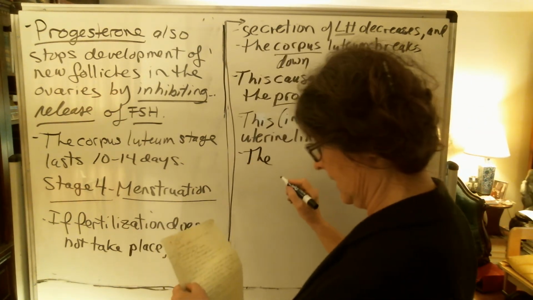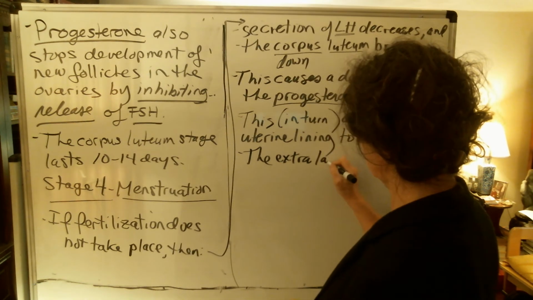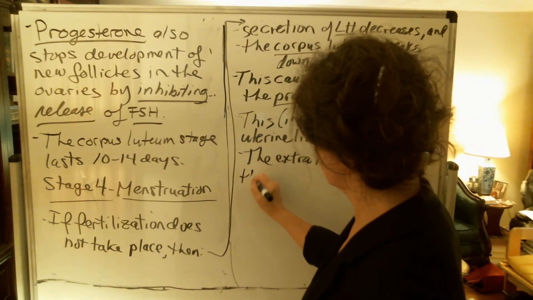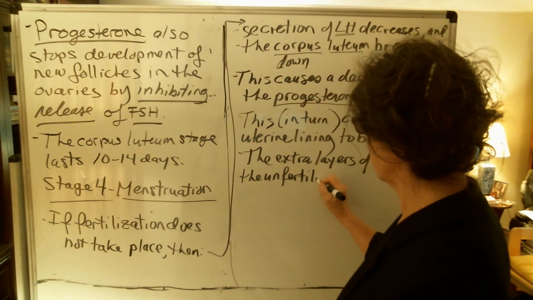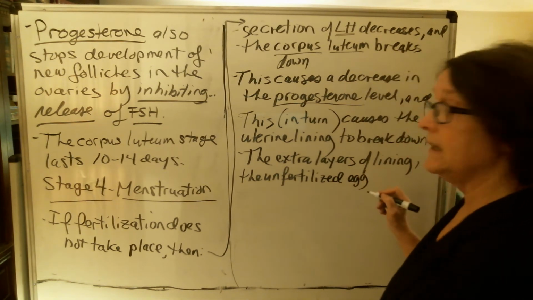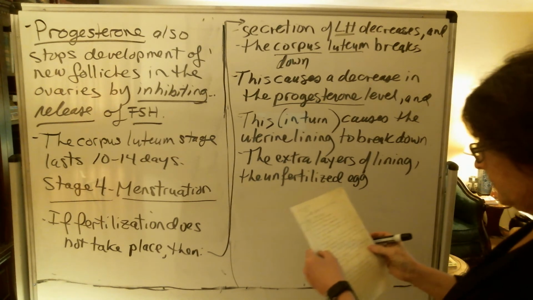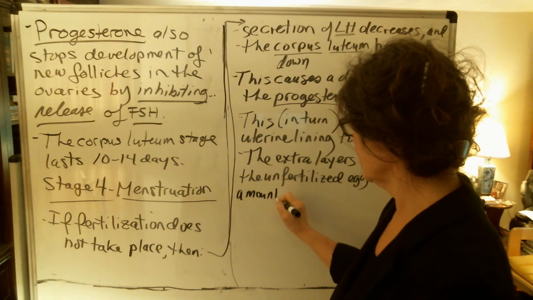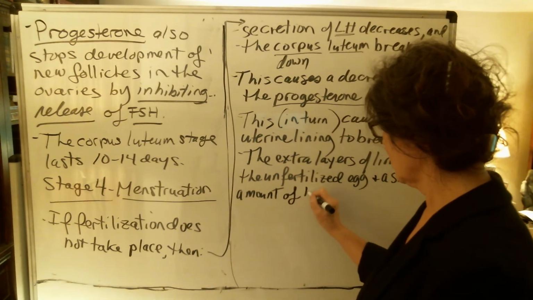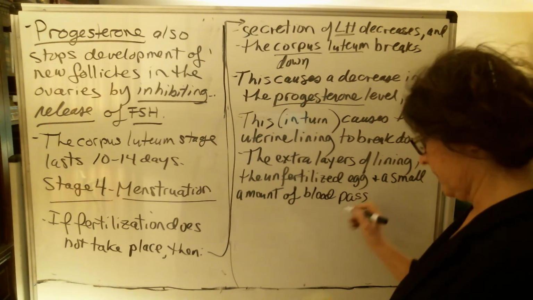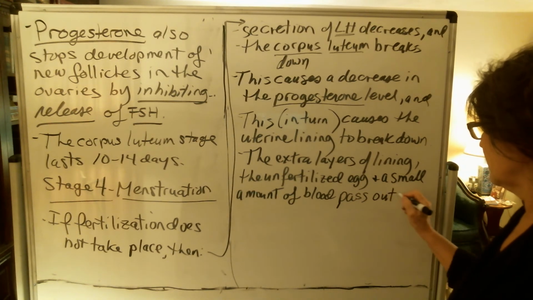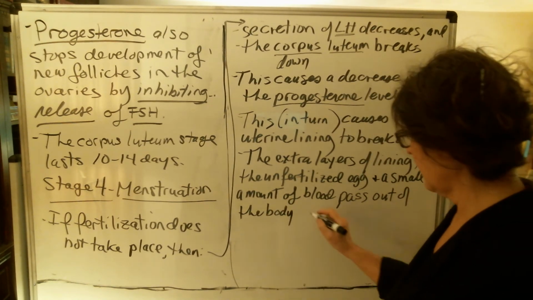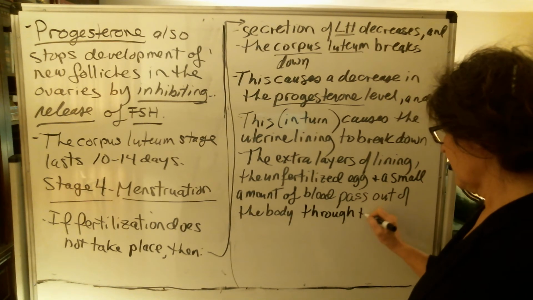And then the extra layers of lining, the unfertilized egg, or indeed the fertilized egg that failed to implant, and a small amount of blood then pass out of the body through the vagina.